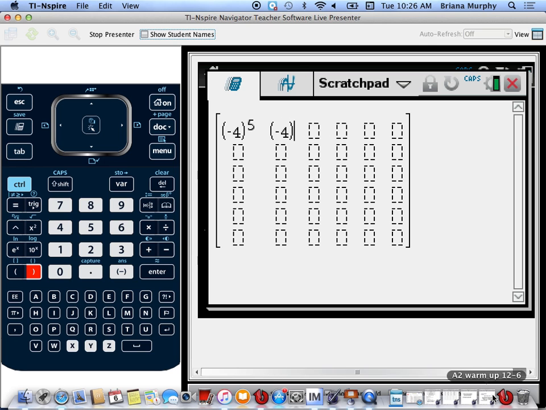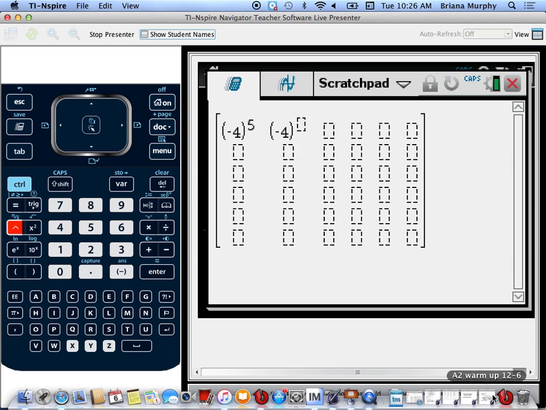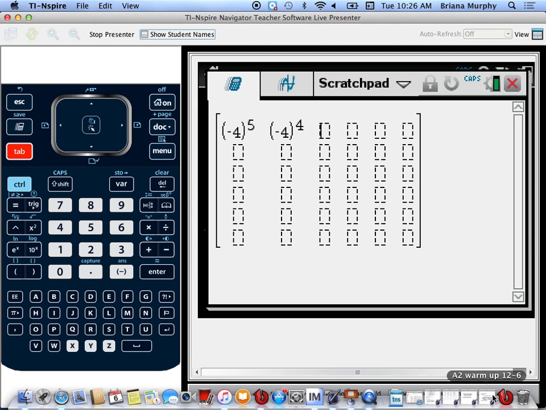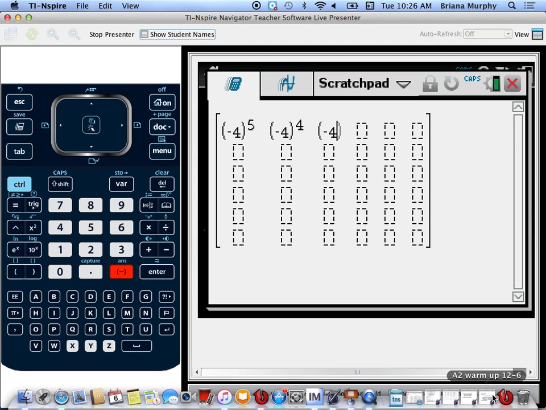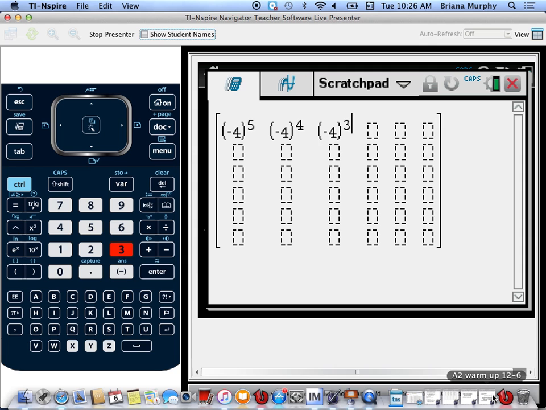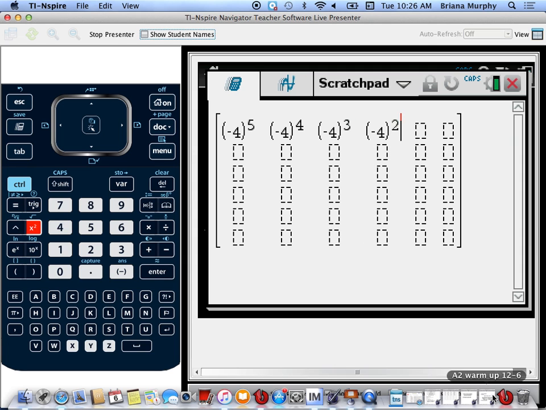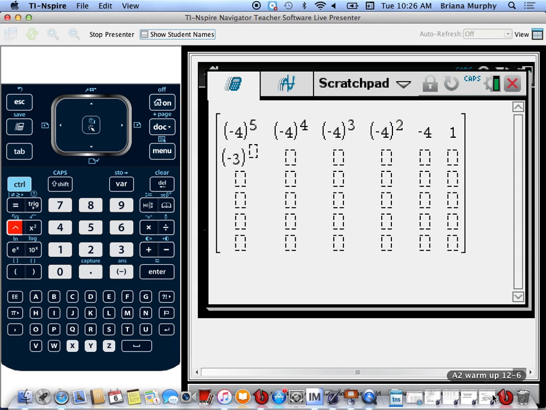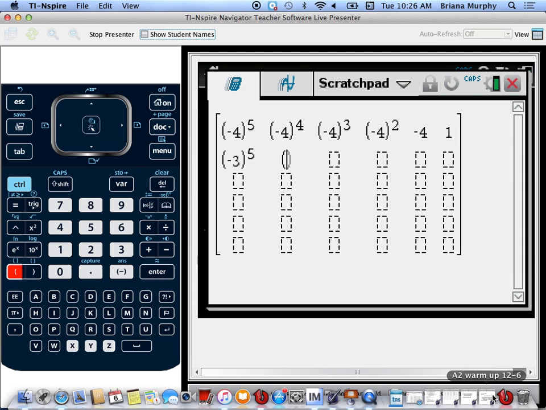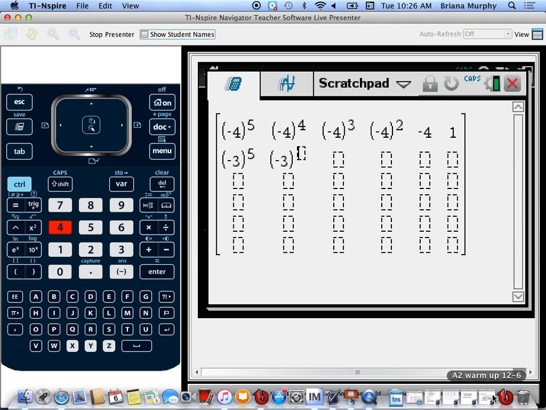Negative 4 to the 4th. Negative 4 to the 3rd. Negative 4 squared. Negative 4 and 1. And I'm going to put negative 3 to the 5th. Negative 3 to the 4th.